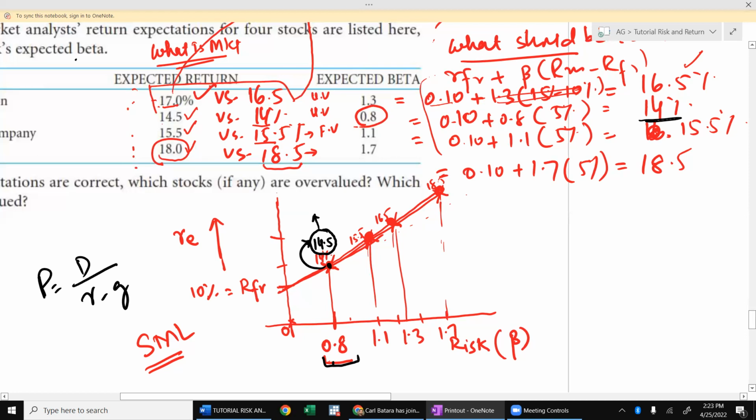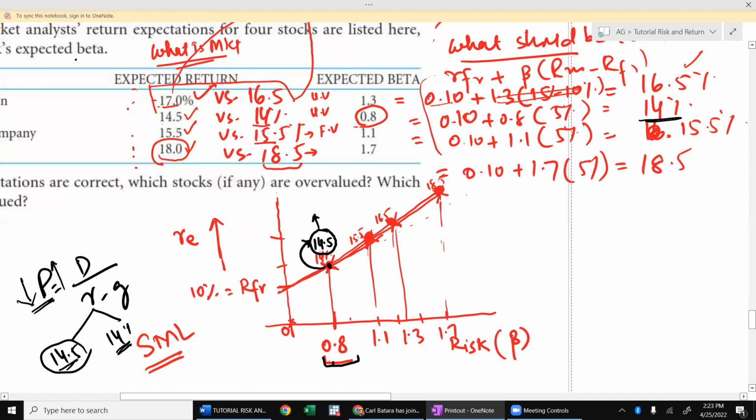Actually this is undervalued, meaning the asset price is undervalued.